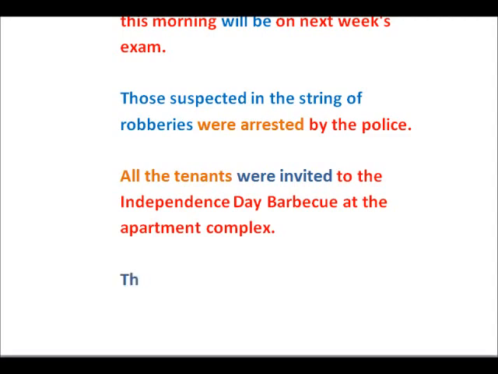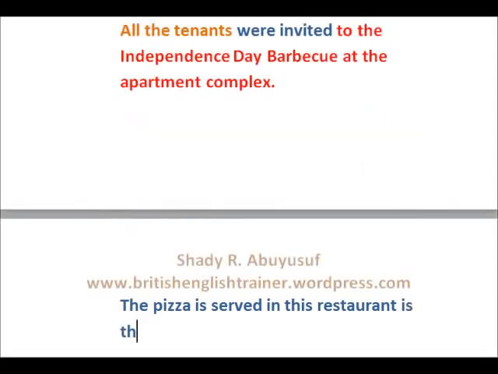Look at this one, the pizza. And by the way, I love pizza too. I love it. The pizza is served in this restaurant is the tastiest in the country.